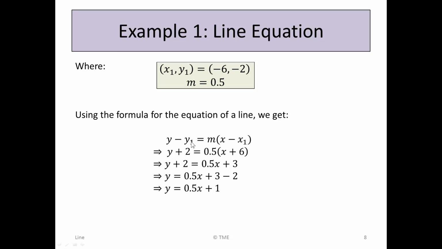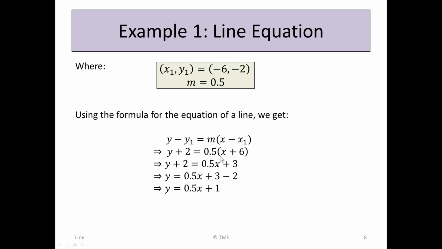But now we have the values for y1, x1 and m, so we can substitute them in. Y plus 2, because y1 is minus 2, so y minus minus 2 will be y plus 2. M is 0.5, x minus x1, x1 is minus 6, so minus minus makes it a plus. So we get y plus 2 is 0.5 into x plus 6.